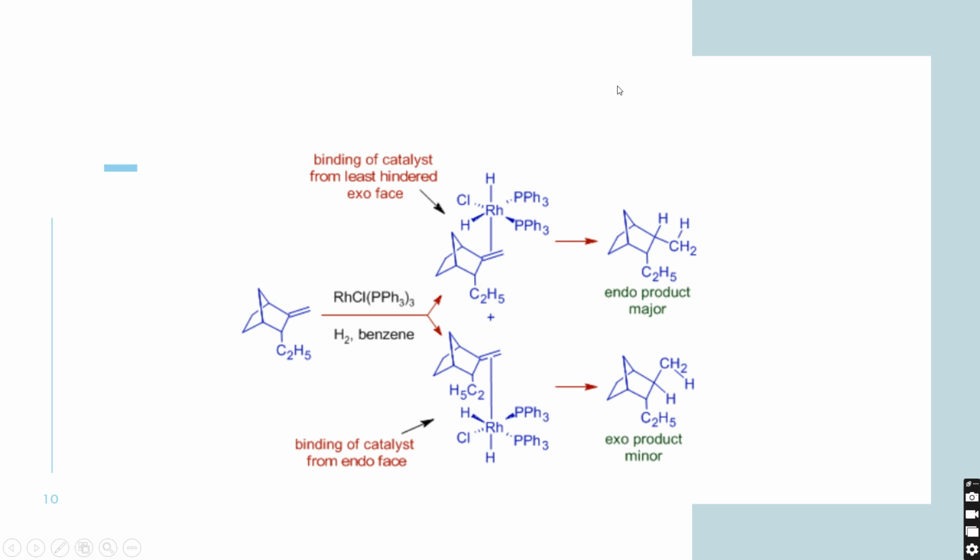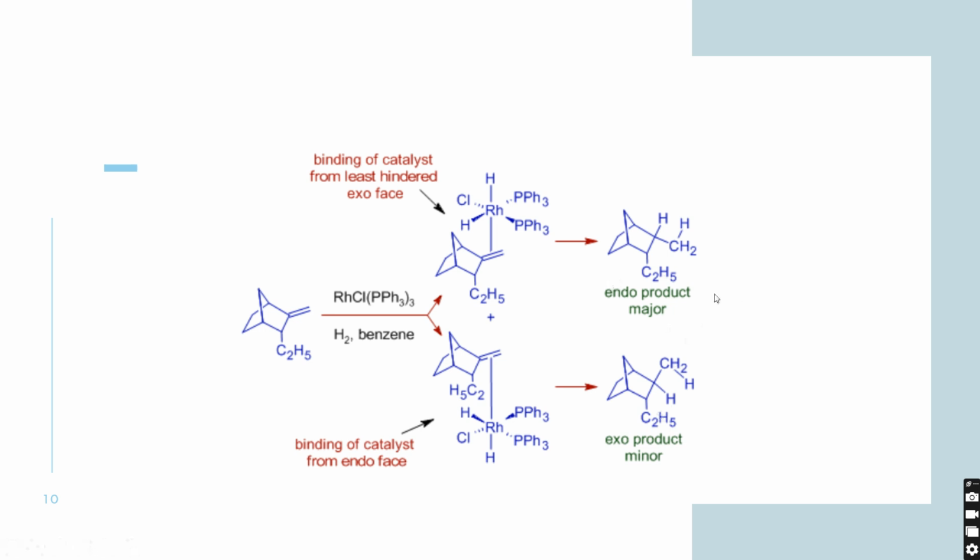So hydride donation will preferentially take place from the exo face, the above face, and you will get this endo product as major, because when the hydride is coming to this position, this newly formed methyl will get automatically pushed back, and this methyl will lie at the equatorial position. So out of these two endo and exo products, you will get this endo product as the major one.